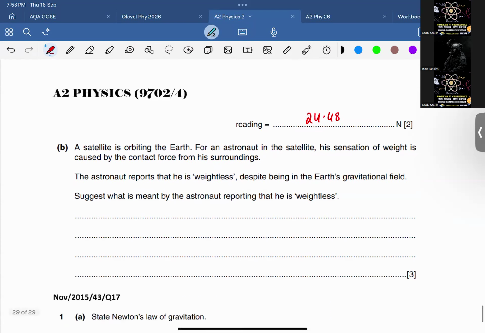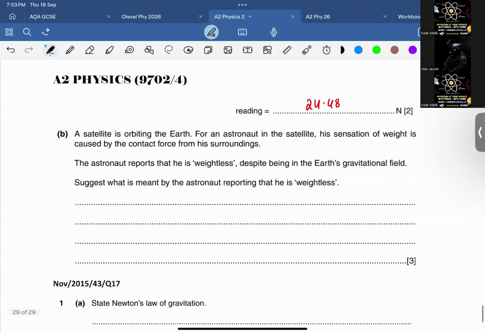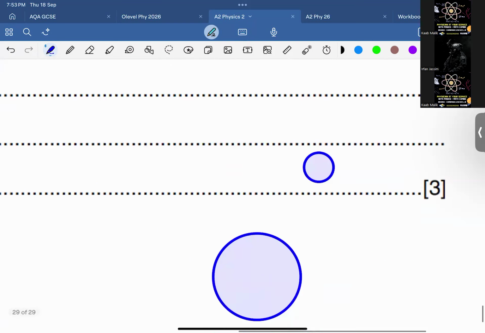By the way, we haven't covered this yet, but let me just explain. This is the Earth, and let's say this is the satellite. In the satellite we have a person, and that person reports weightlessness. Now, the gravitational force, toward the center of the Earth, provides the centripetal force, right?